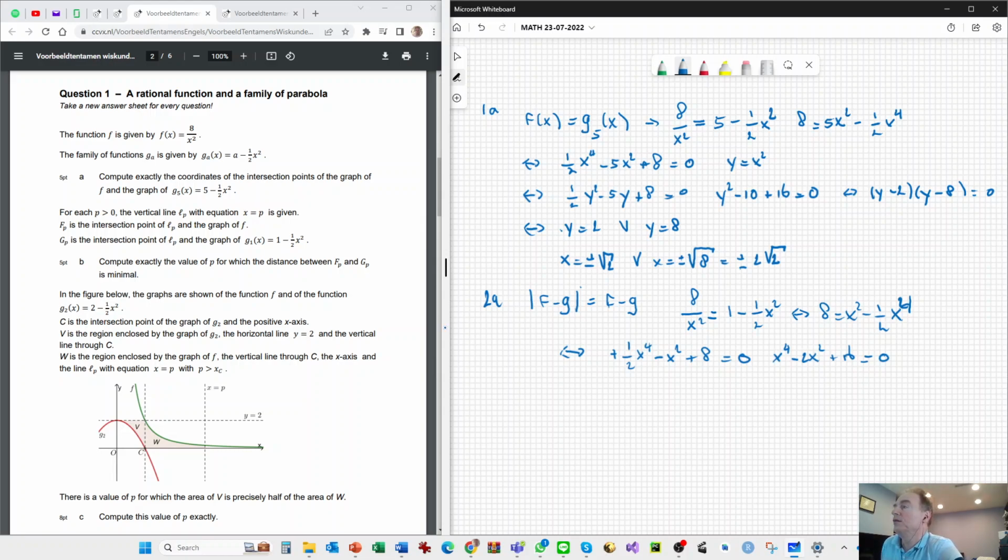And can again substitute the y like this, so we'll get y squared minus 2y plus 16 is 0. Did I do it right? X squared.